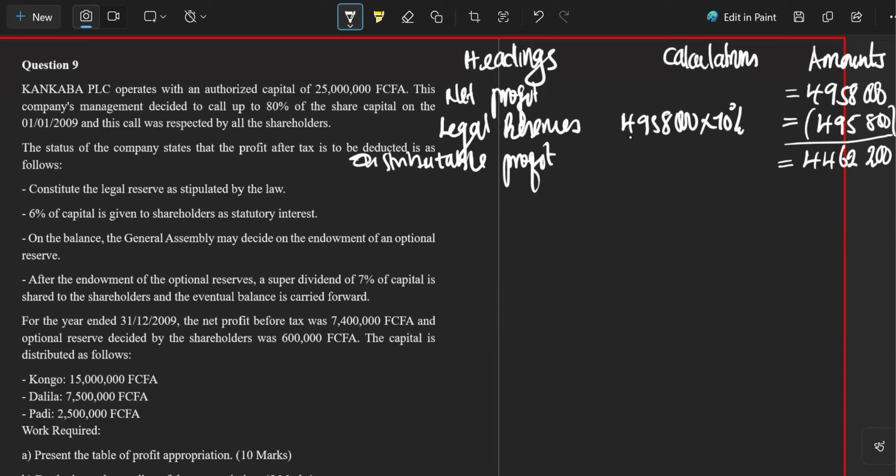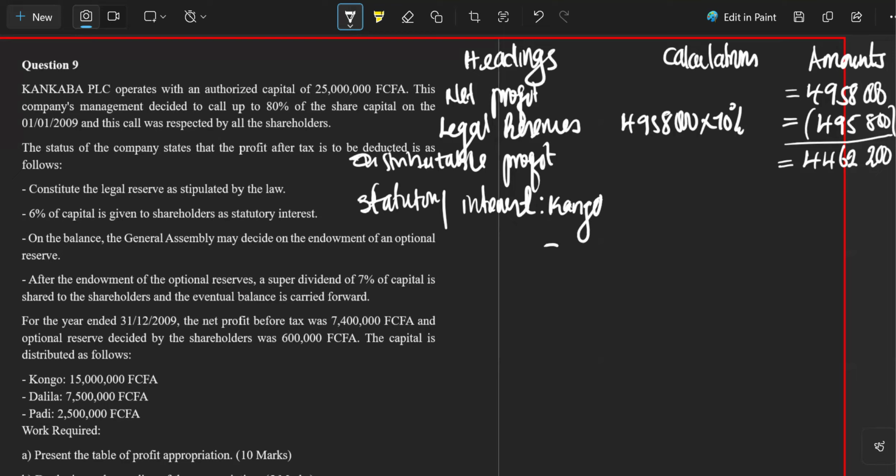Now we go to statutory interest. Let's do the calculation for the first one, Congo.